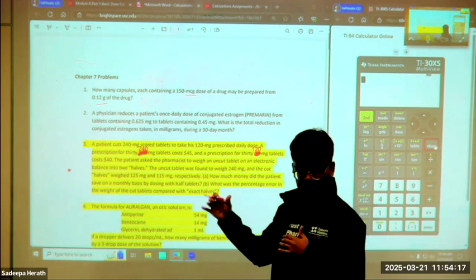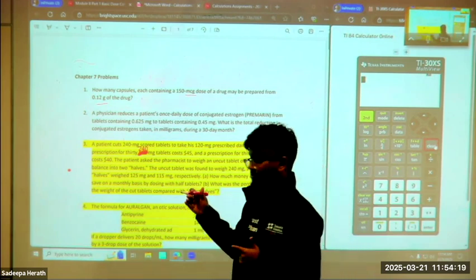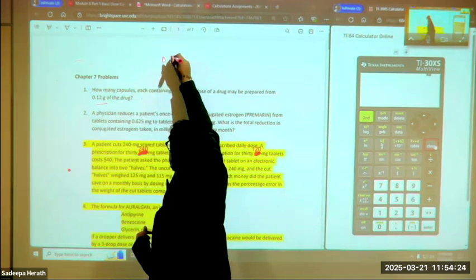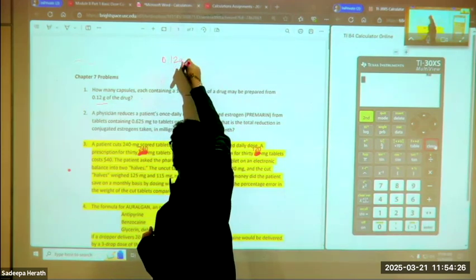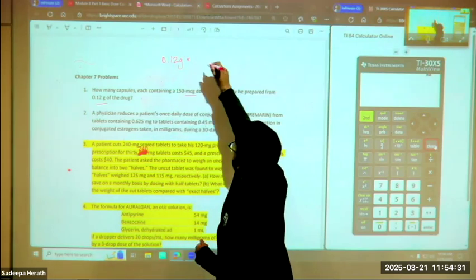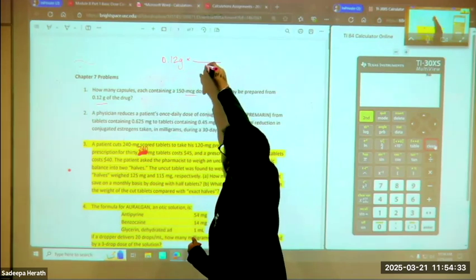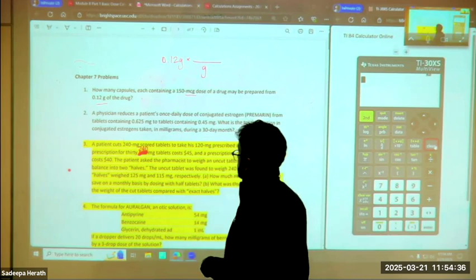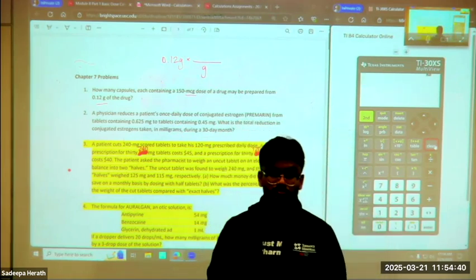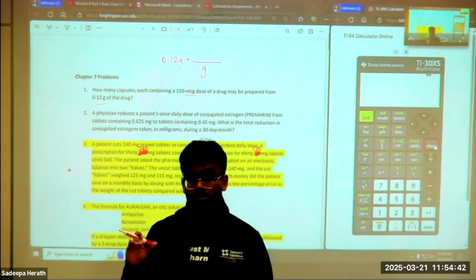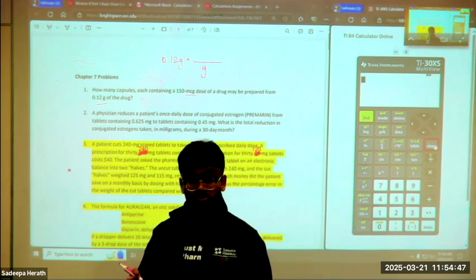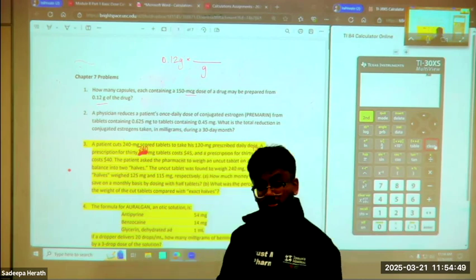Let's start with making the units equal first, right? So 0.12 grams. Just working it out for you guys. Times, we'll put gram here at the bottom. So how many micrograms are in 1 gram? So gram is the standard unit, then there's milligrams, and then there's micrograms. So 1,000 times 1,000, 10 to the minus 6. So that's a million.